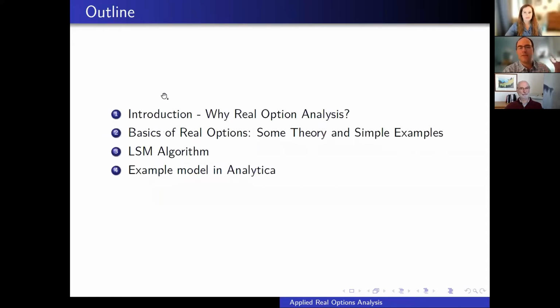So here's the outline. I'm going to address why real options, why I am interested in real options, how it relates to my background. Then I'll address some of the basic theory. There will be a couple equations, but I am including them not to overwhelm people, but I hope that they add some intuition as to how the algorithm actually works.